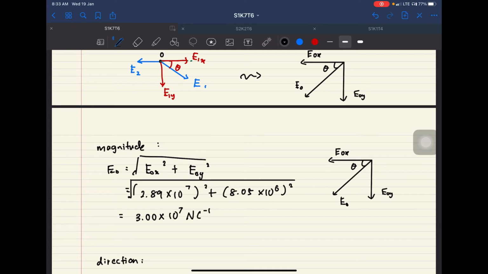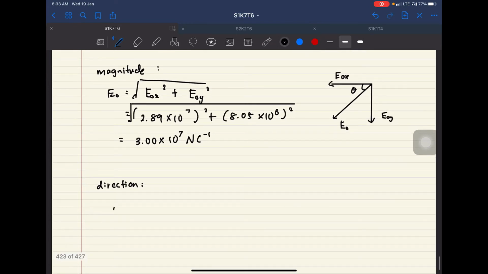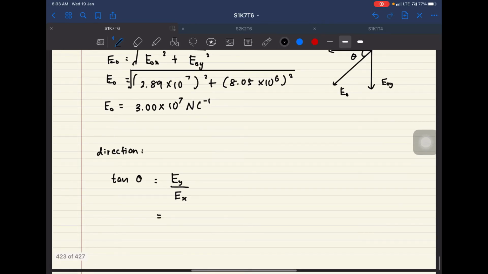Okay, and then the direction, you have to do y over x.